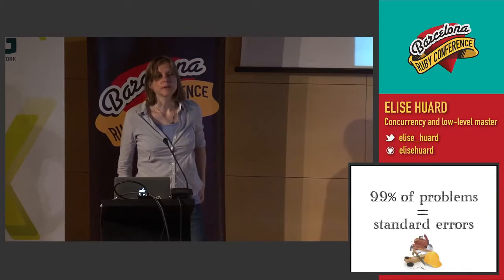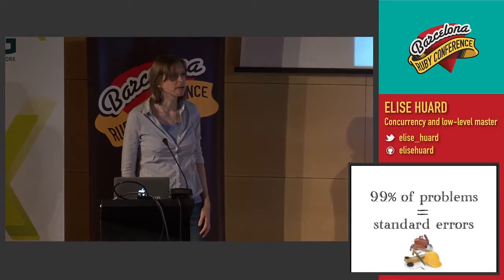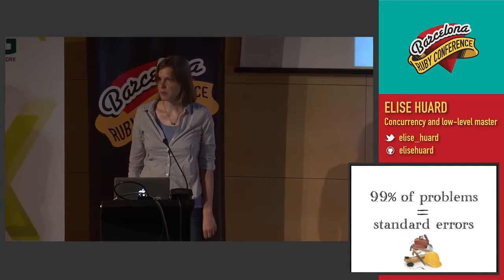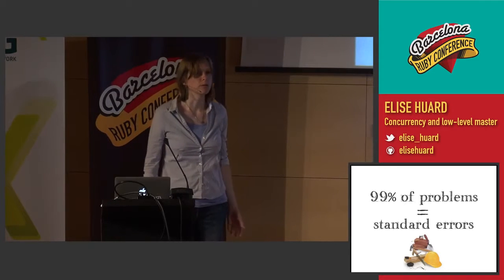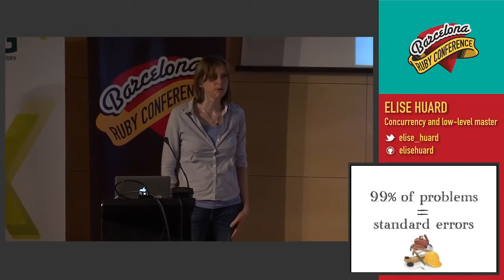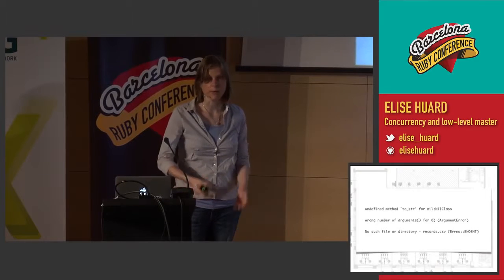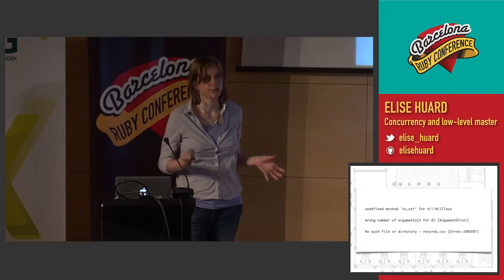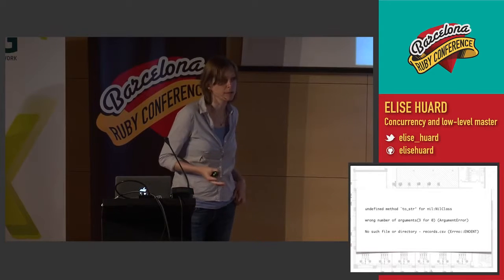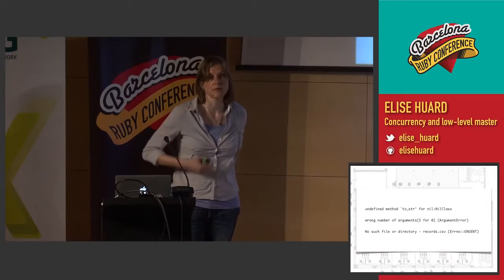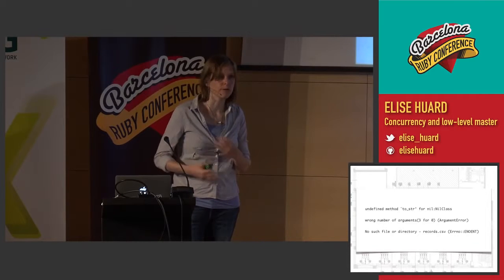So the premise of this talk is that 99% of the problems we experience in our work are basically Ruby bog standard errors. Bread and butter is you get an error message, you look at the stack trace, see where it happened, and then you fix it. This happens in the course of your day while you're running tests.